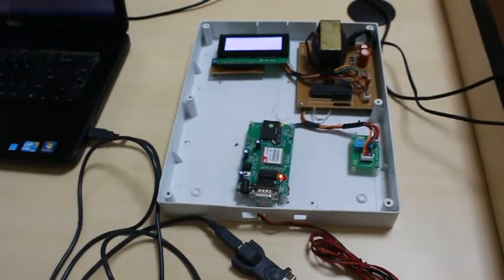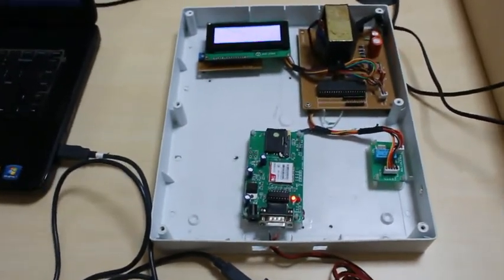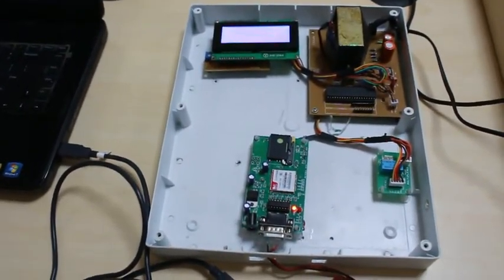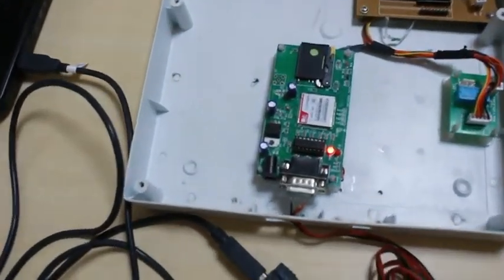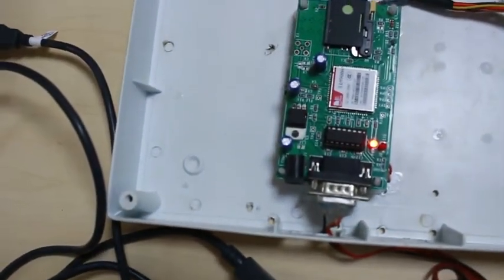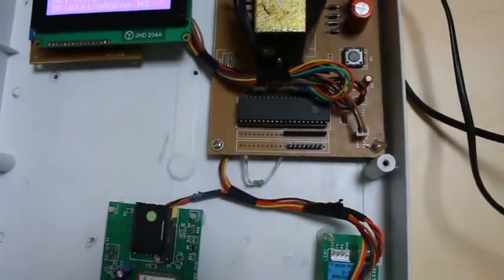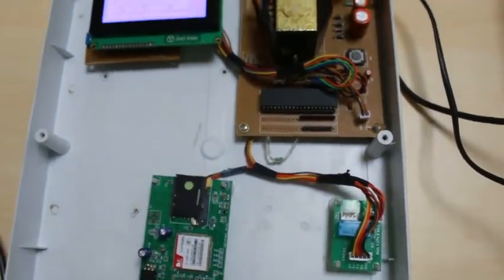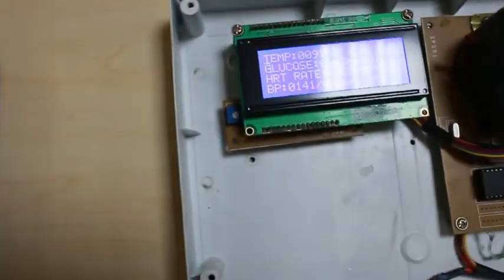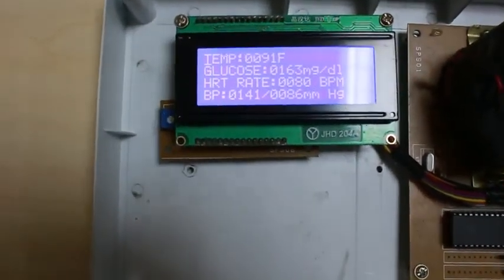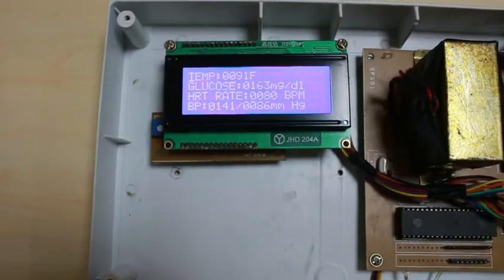Doctor's unit. Here, the GSM modem receives data from the nursing station and sends it to the 8051 microcontroller via a multiplexer. The microcontroller is programmed to display all parameters on a 20x4 LCD, and the GSM module is directly interfaced with a PC using a USB to serial converter.